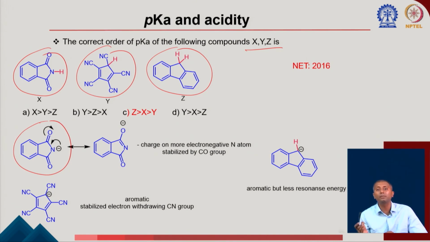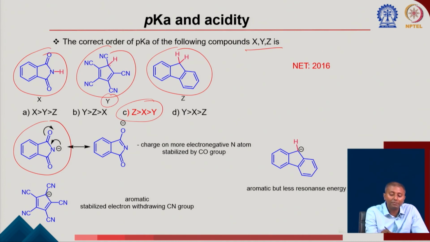The more acidic one will have a low pKa, and the less acidic one will have a high pKa, and then we can order them accordingly. Now, think about this particular carbanion, which is Y. After abstracting this proton to generate the anion, it will be very stabilized, because there are 5 cyano groups stabilizing that carbanion. So this proton will be highly acidic.